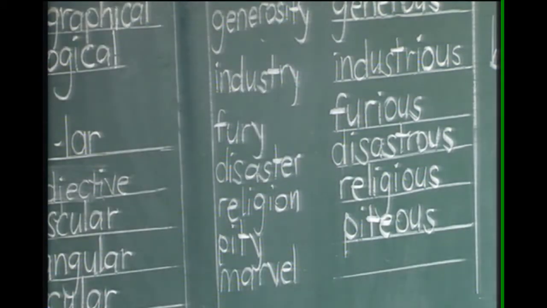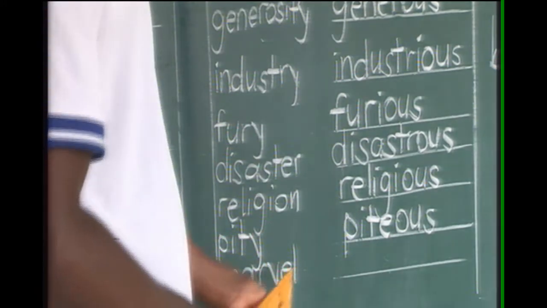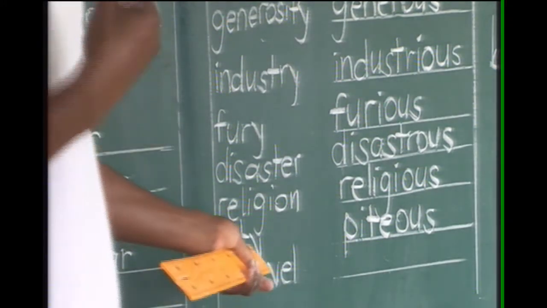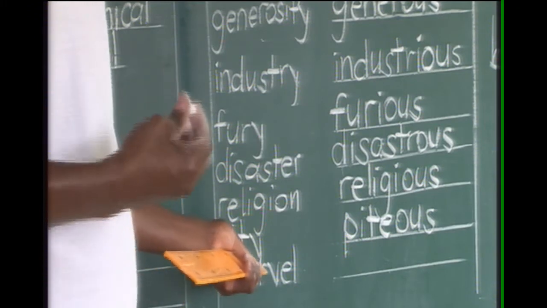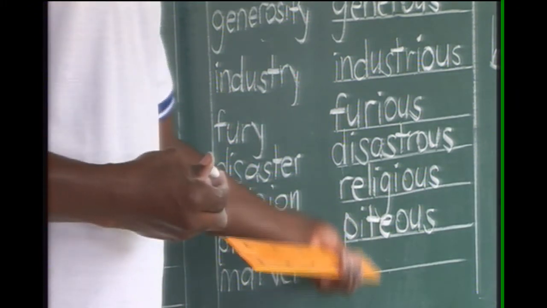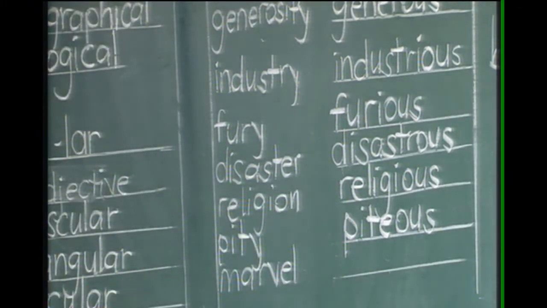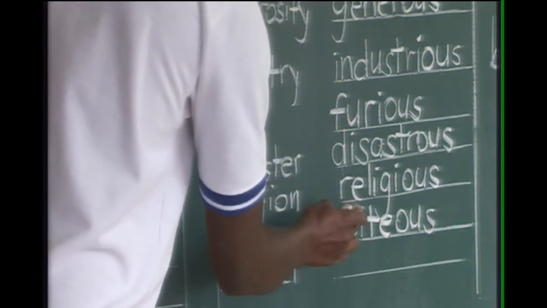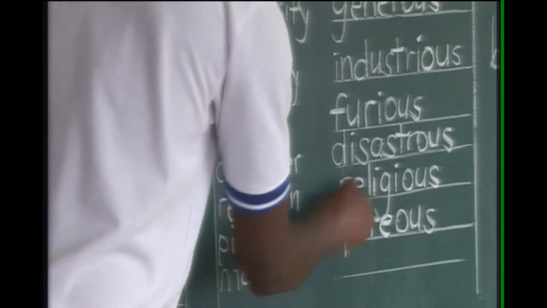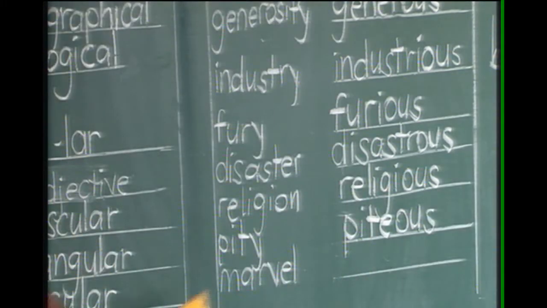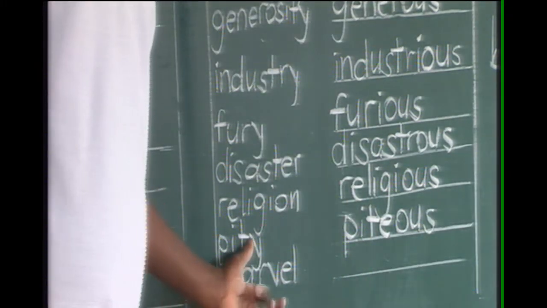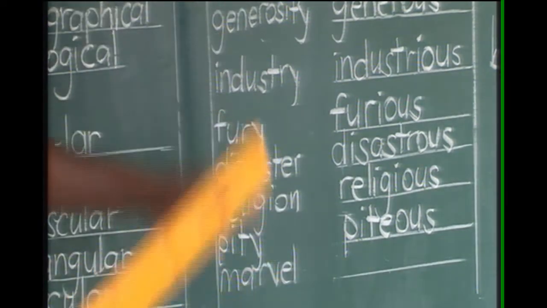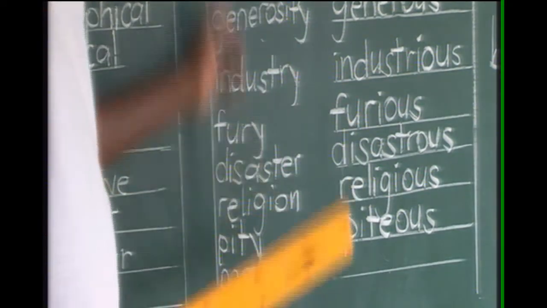In another category, you'll find pity changing to pitiable. In another category again, you'll find pity forming the adjective pitiful. Don't get shocked and say, oh, the teacher taught us piteous, now it is changing to another thing, maybe this is wrong. Piteous is one of the three adjectives that can be formed from pity. We can form piteous, pitiable, pitiful.